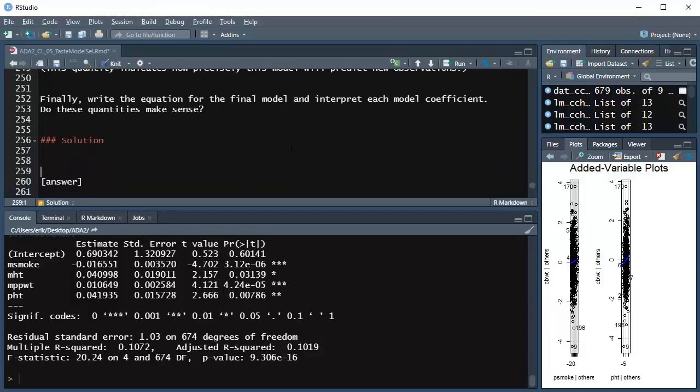So I would write the equation something like this, and then I would copy each of these estimates in there. So we've got the intercept plus, and do the rounding appropriately. Choose a number of significant digits that you're going to use.